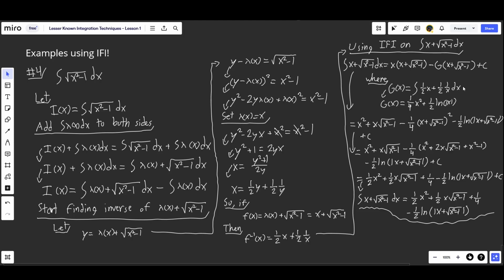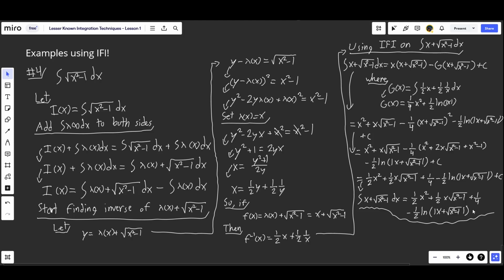Plugging g of x back into the equation and simplifying, we'll receive that the indefinite integral of x plus the square root of x squared minus 1 with respect to x is equal to 1/2 x squared plus 1/2 times x times the square root of x squared minus 1 plus 1/4 minus 1/2 times the natural log of the absolute value of x plus the square root of x squared minus 1.